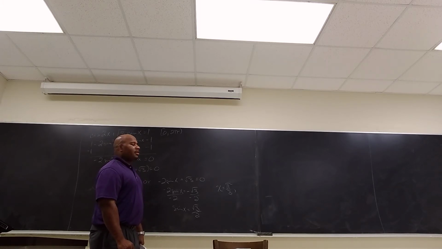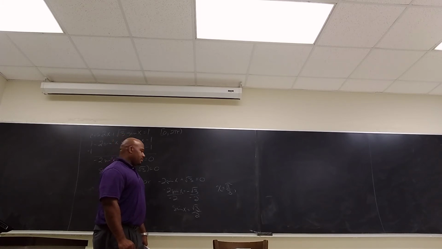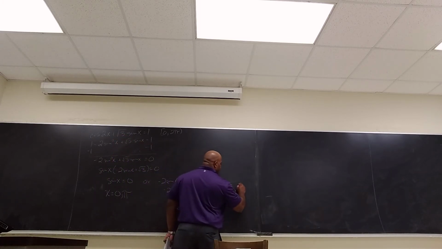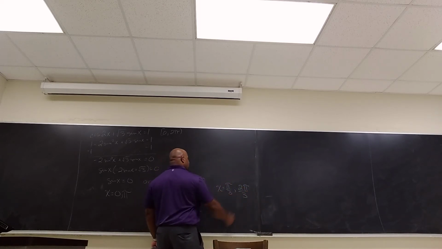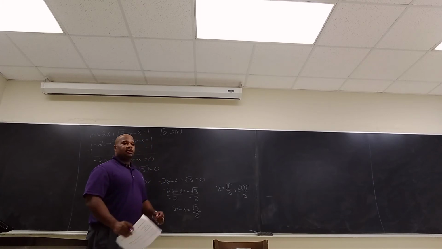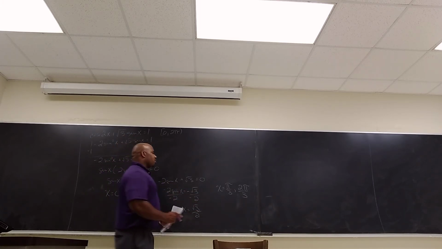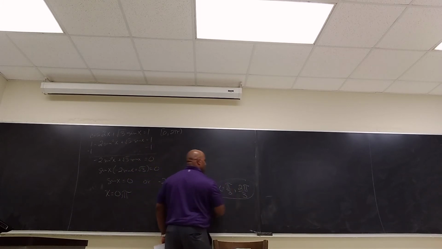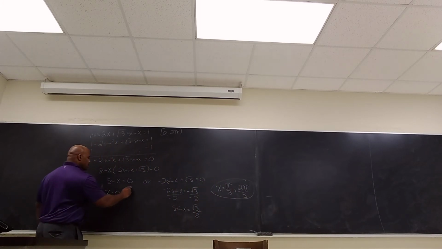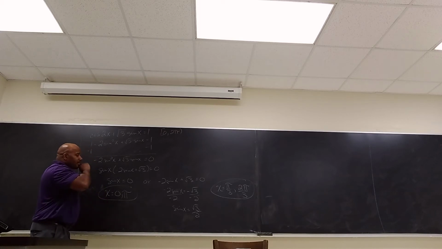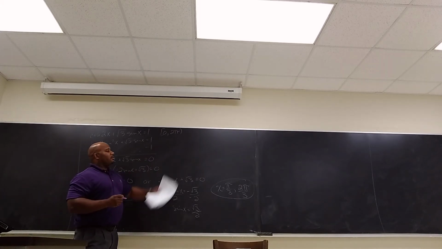Sine is positive in the first and the second. So we'll go pi over 3 and 2 pi over 3. First quadrant, second quadrant. Everywhere else, sine of x is going to be negative, and that won't fit with this. So my answer is pi over 3, 2 pi over 3, or 0 and pi. All that lies within that interval.